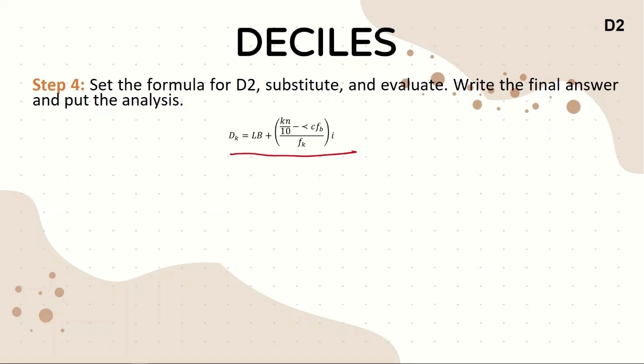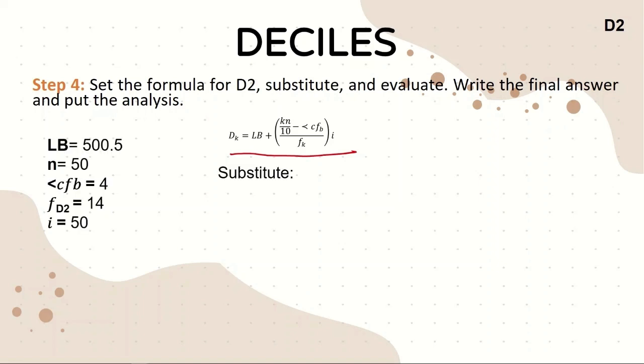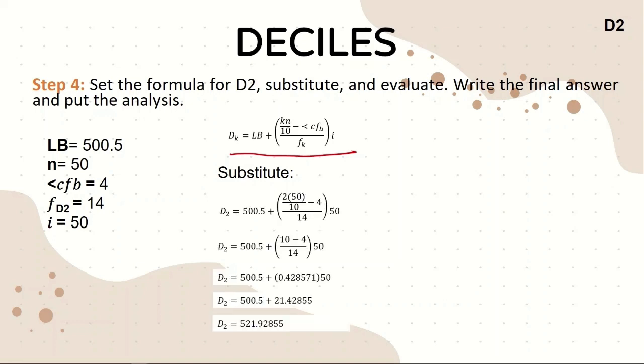So substitute the values: the lower boundary is equal to 500.5, n is equal to 50, k is equal to 2, the less than cumulative frequency before decile 2 is equal to 4, the frequency of decile 2 is equal to 14, and the class interval is equal to 50.